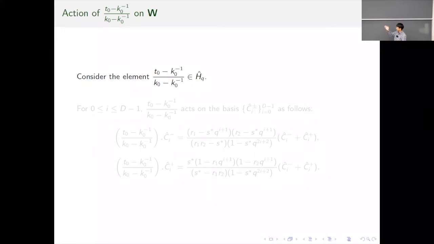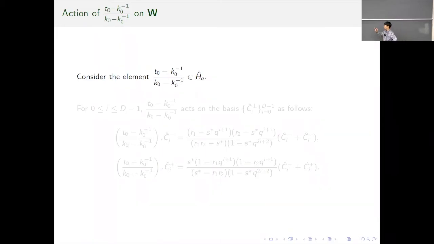And this HQN module decomposes into exactly two eigenspaces corresponding to K naught and K naught inverse. That is clearly an orthogonal direction. So actually this element, T naught minus K naught inverse over K naught minus K naught inverse, is actually the projection onto the eigenspace of T naught corresponding to eigenvalue K naught.